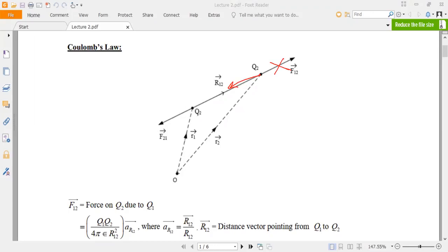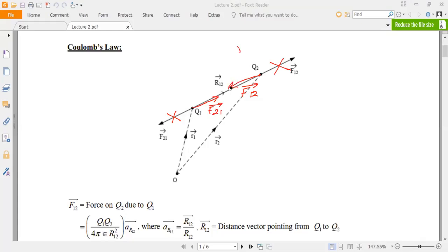Similarly, the force on Q1 due to Q2 will no longer be here, it will be in this direction. So this will be the F21 bar, and this one will be F12 bar. This is because one charge will be negative, so the overall force will have a negative sign.